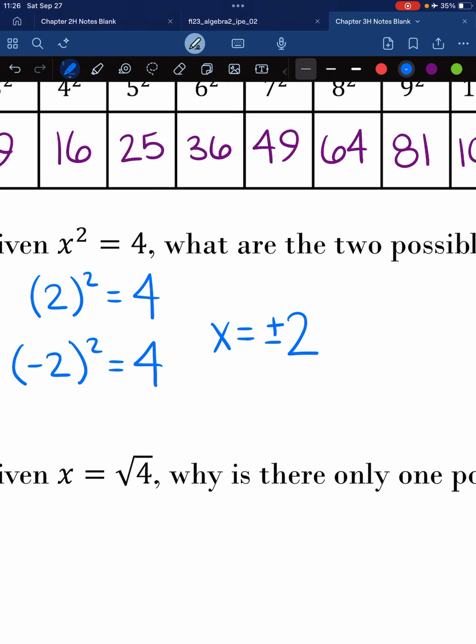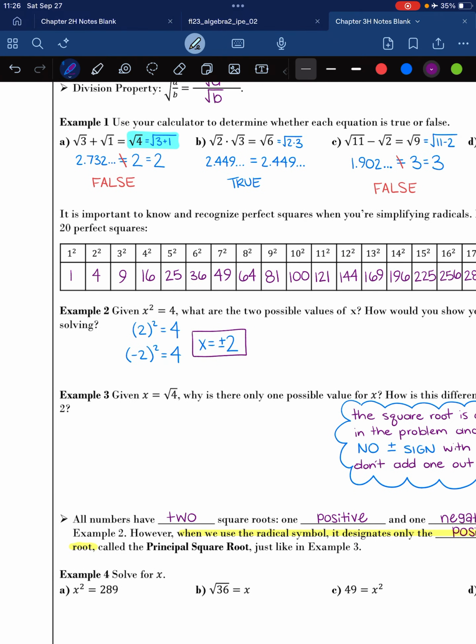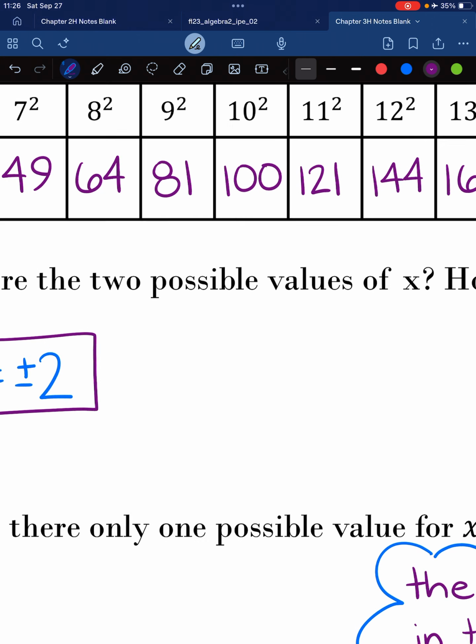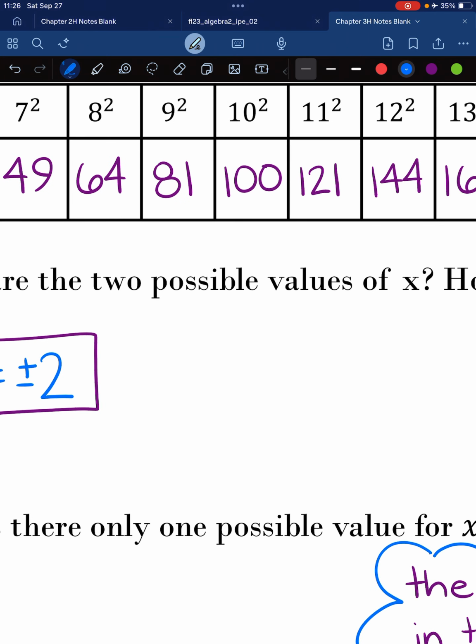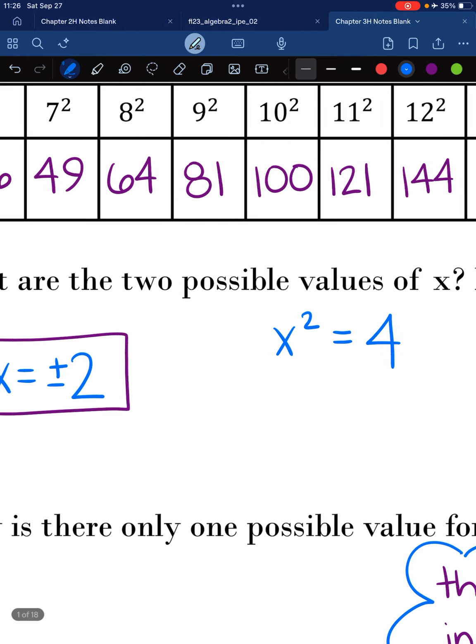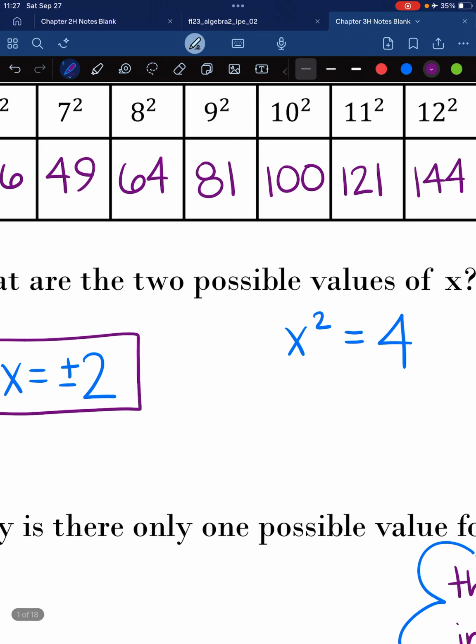So how would I show the work for that, right? Because I do have now my two possible solutions. But we're going to be solving a lot with square roots and quadratics, which is why we're looking at this. So the way that I would show the work for this, I'd copy down the original problem, right? X squared equals 4. And we need to make sure that we end up with two solutions. So I need to remember that whenever I take the square root of both sides, the square root and squaring something are inverse operations.